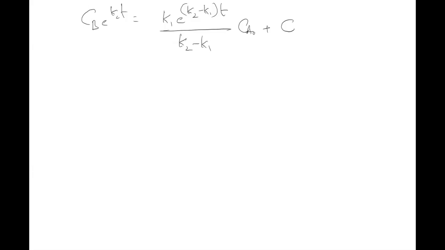How do you find C? At time t equal to 0, your CB is 0, if you see the profile. Then 0 equal to k1 CA naught by k2 minus k1 plus C.